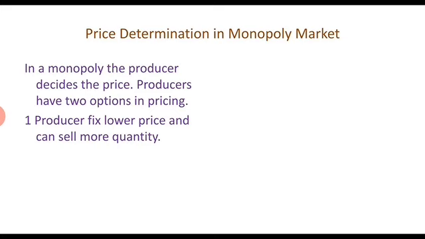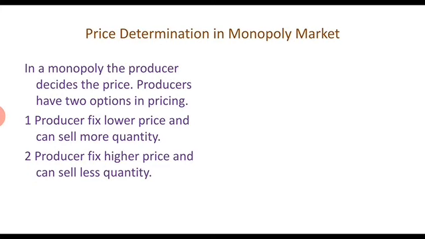First, the producer fixes a lower price and can sell more quantity, or the producer fixes a higher price and can sell less quantity of the commodity. Of these two options, the producer can do only one.